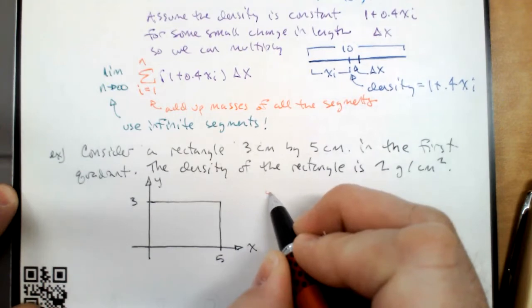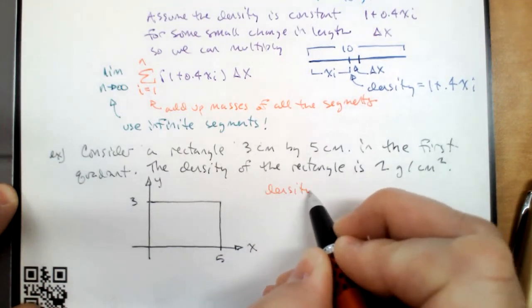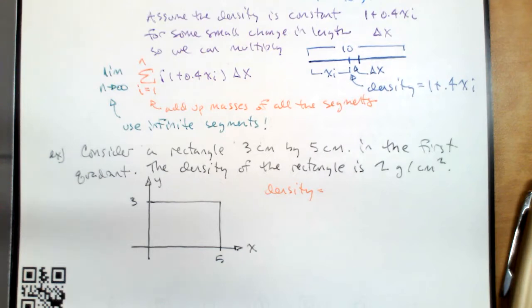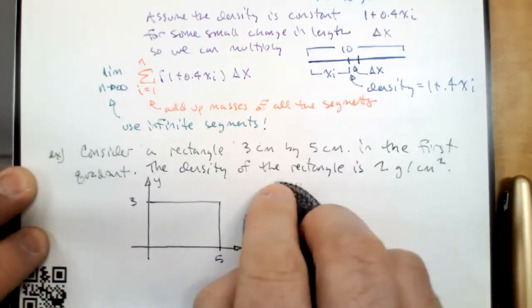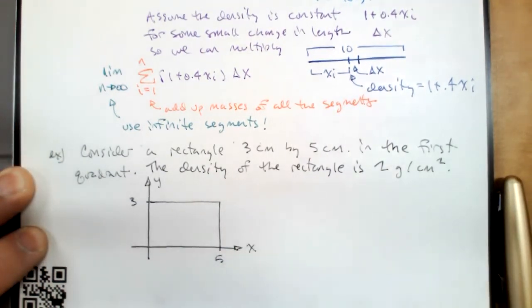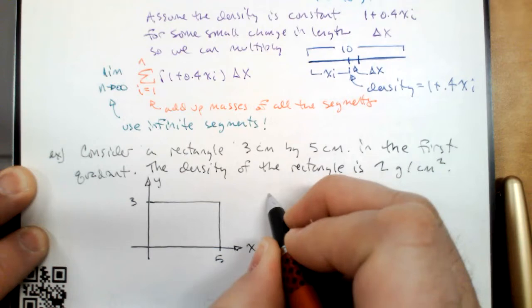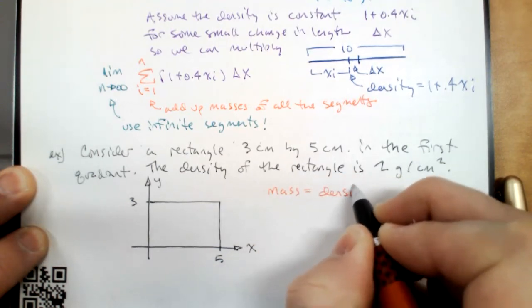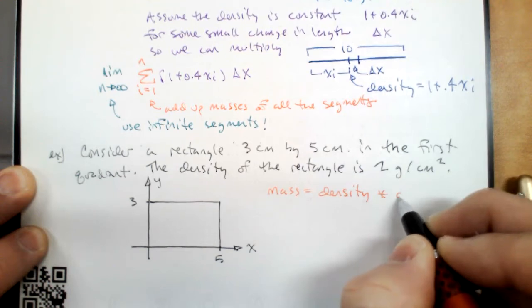Mass is going to be, I had like two sentences that were fighting for supremacy, and it came out a stalemate. Mass is density multiplied by area.